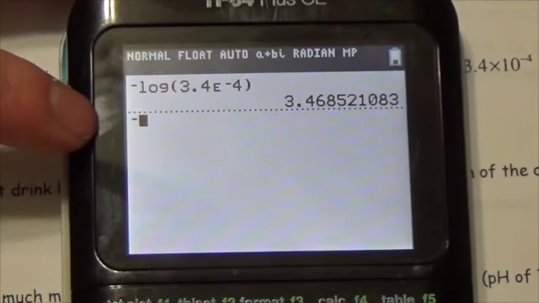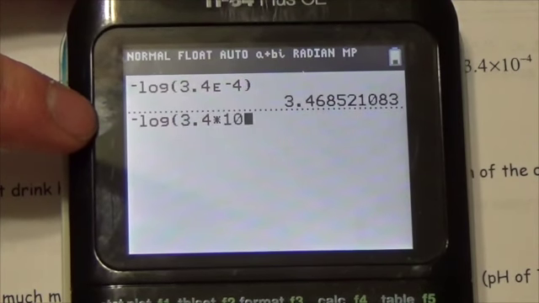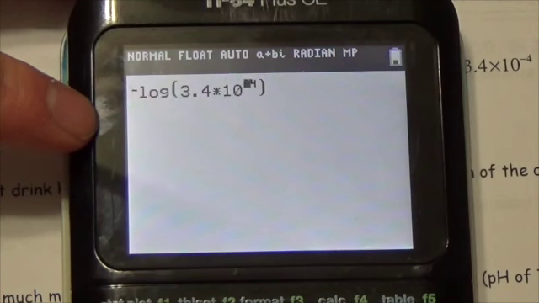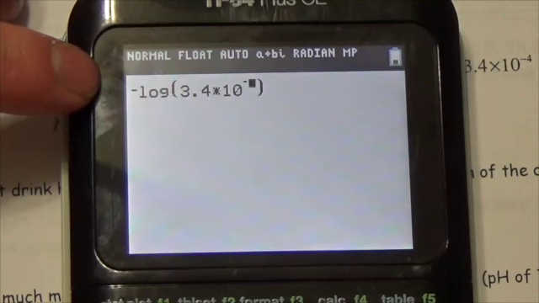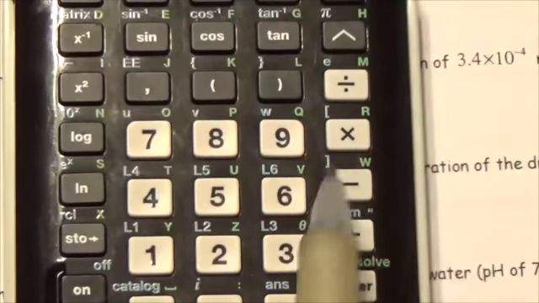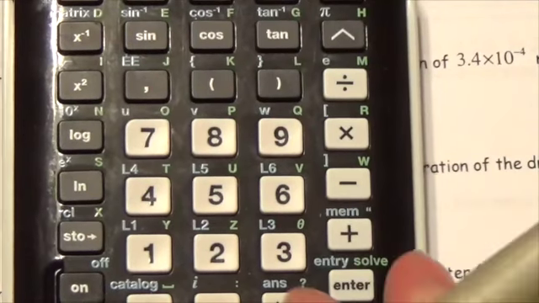Now, just to show you that that is exactly what I said it was, if we went negative log of 3.4 times 10 to the negative 4, close the bracket. Whoops, what did I do wrong? Oh, I'm sorry. That's right. Actually, that's a good point to mention. What I did wrong here is I used the subtraction button without thinking about it when I meant the negative sign.